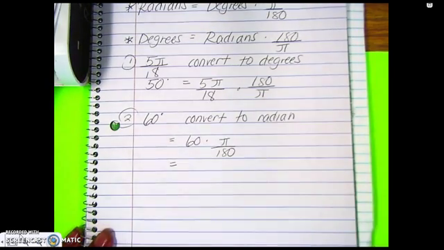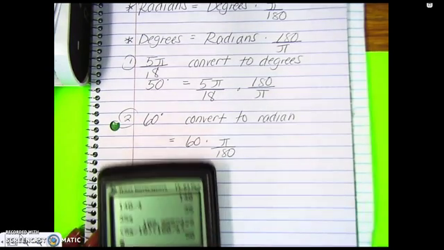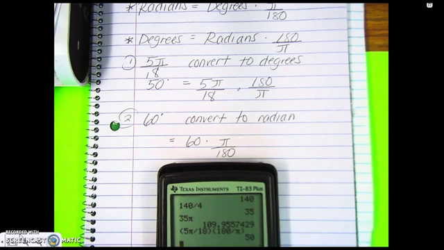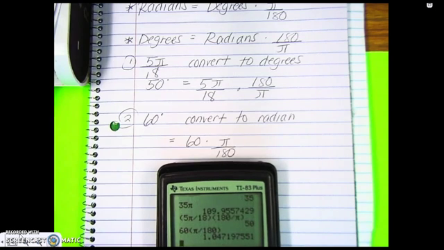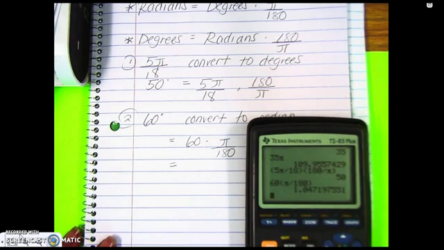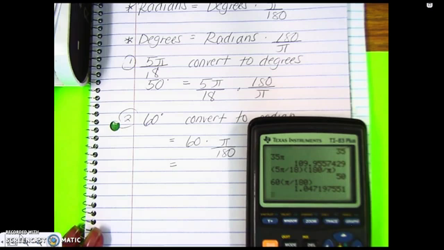If I do that, I'll get approximately 1.05 radians.